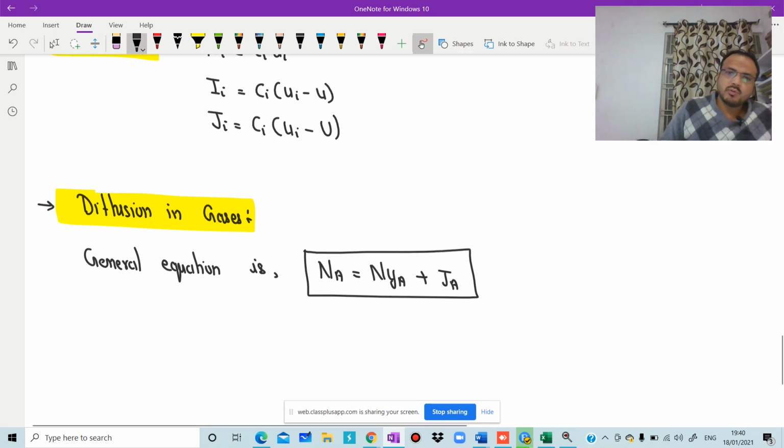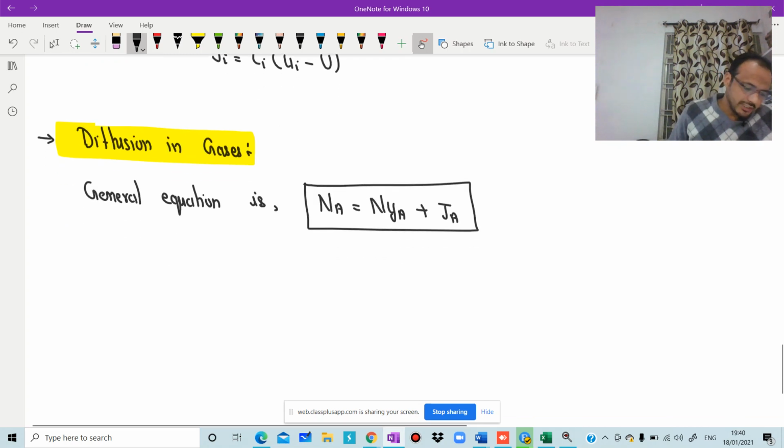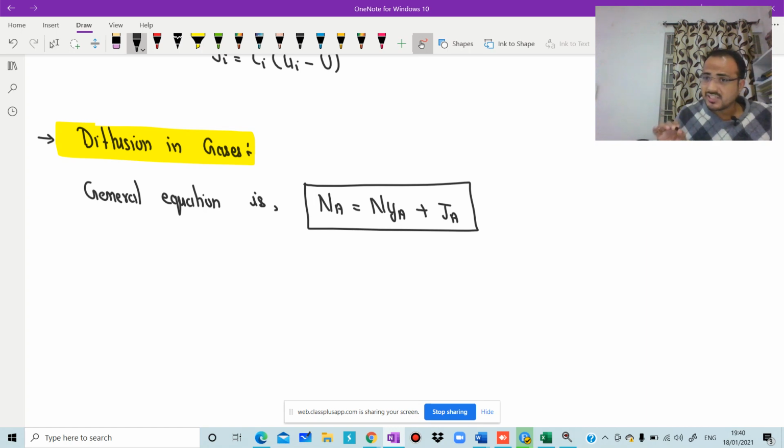This is our general equation. You know all these terms: Na is the total flux of A relative to a stationary point, N into Ia is the convective flux of A relative to a stationary point, and Ja is the diffusion flux due to the moving fluid, or I can give a new name: self-diffusive flux.